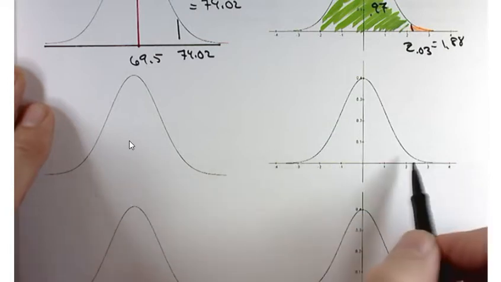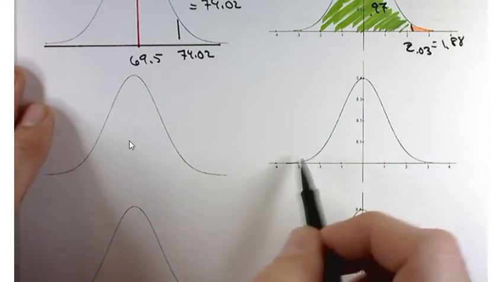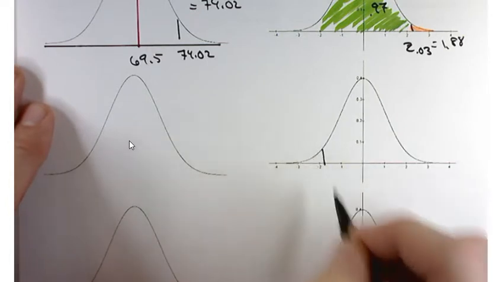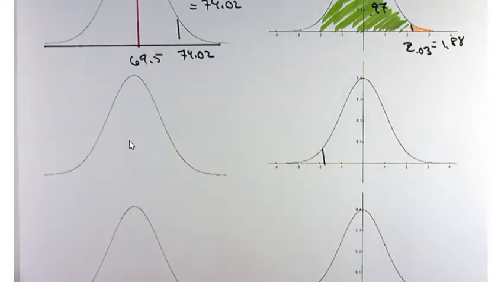Yeah, it's going to be on the left here someplace, right? The shortest 3% of women is going to be over here someplace. In fact, if you're thinking about this a little bit, you could probably save yourself some work.